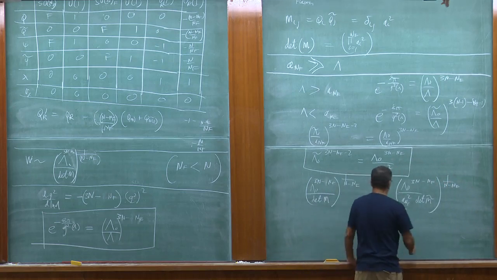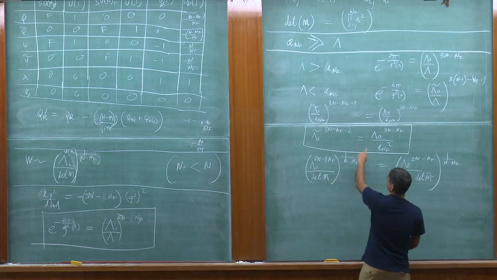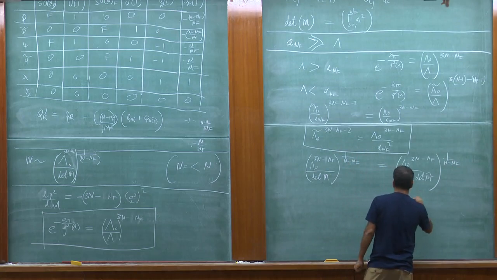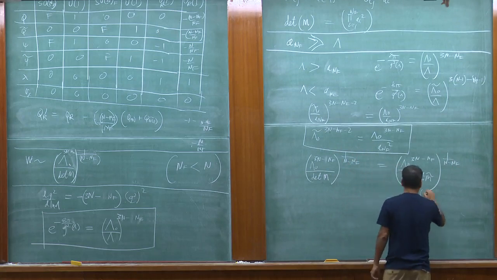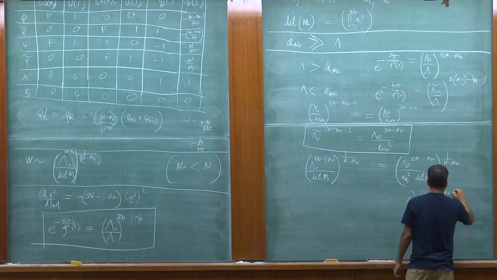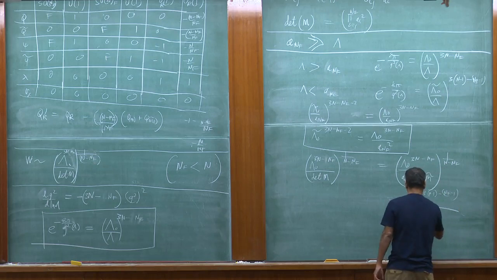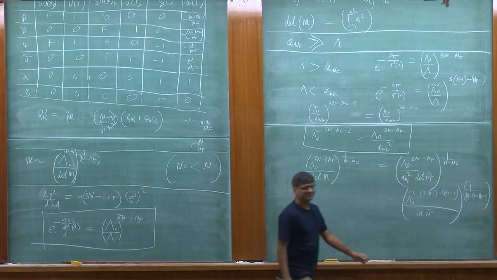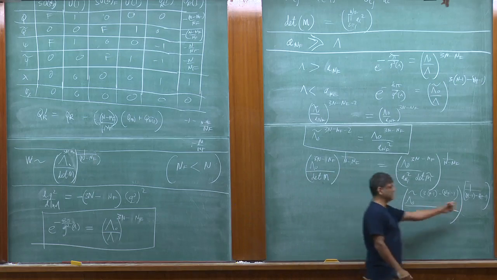Okay, but this we just saw was equal to lambda naught tilde to the power 3 into n minus 1 minus nf, minus 1 by det m tilde, the whole to the power 1 over n minus 1 minus nf, where I've used the fact that n minus 1 minus nf minus 1 is the same as n minus nf.